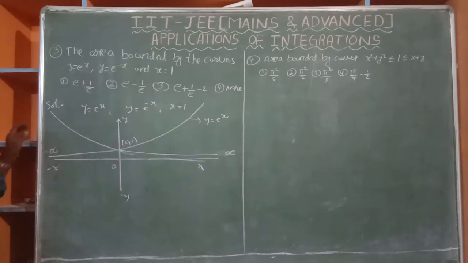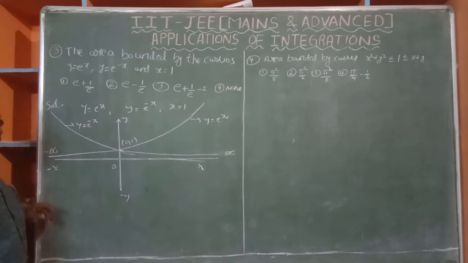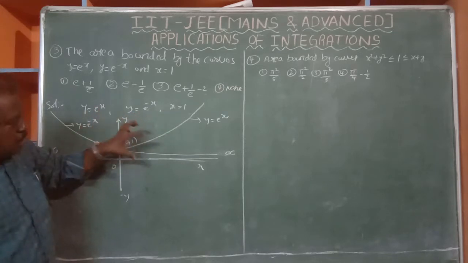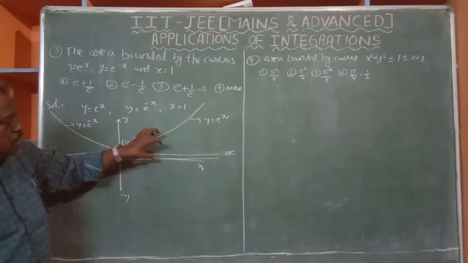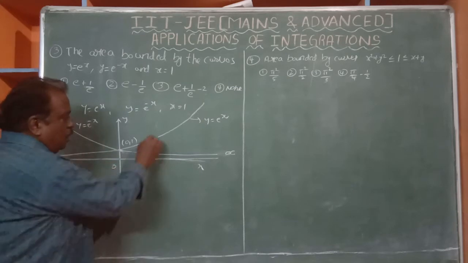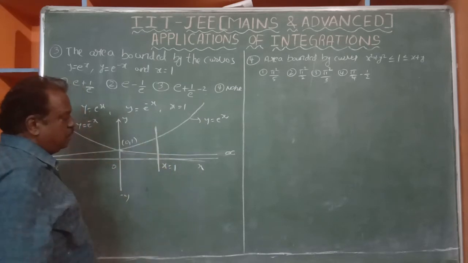This graph is y is equal to e power minus x. And both the curves contain the required area of the region, with x equal to 0 and x is equal to 1 as the ordinate.